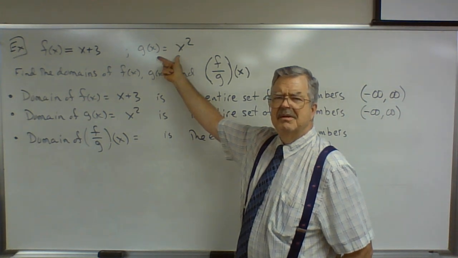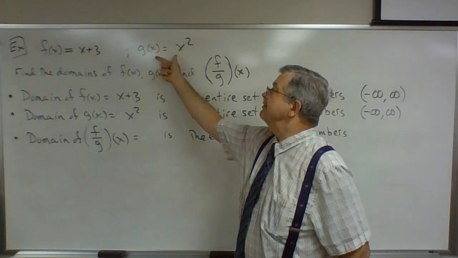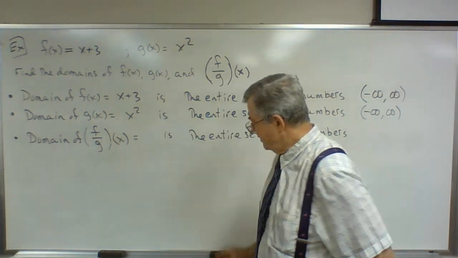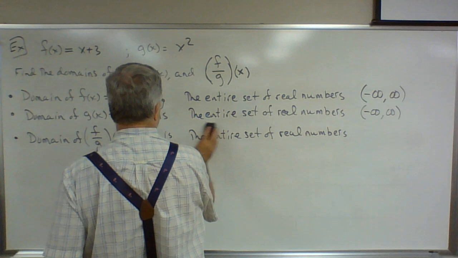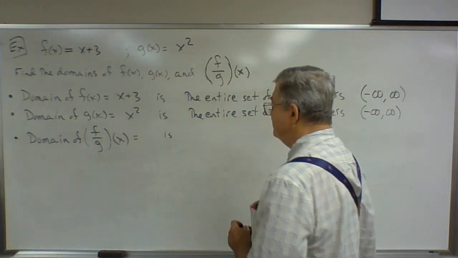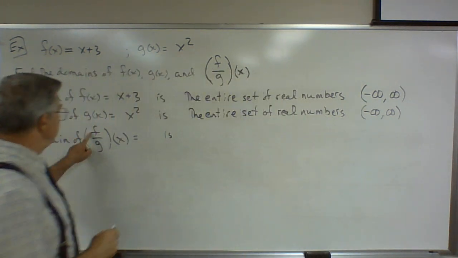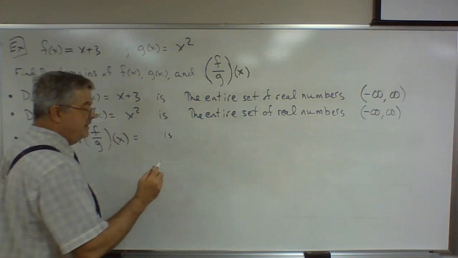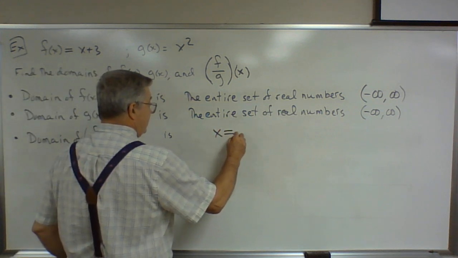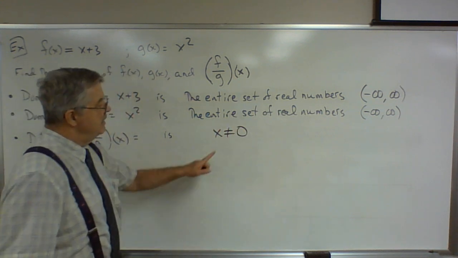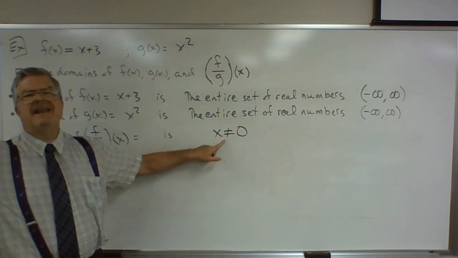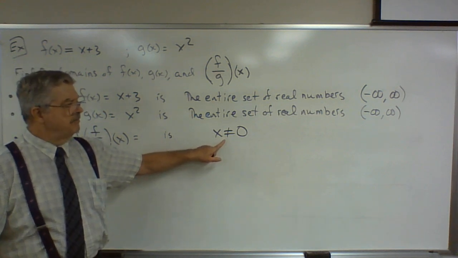Ooh. X equals 0 makes the quotient 0, doesn't it? Okay. The domain of f divided by g evaluated at x is x not equal to 0. In other words, x can be anything but 0.